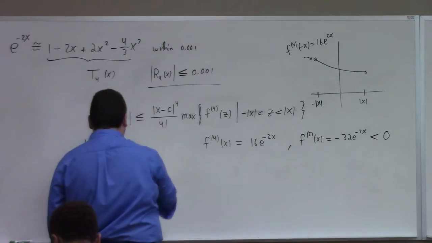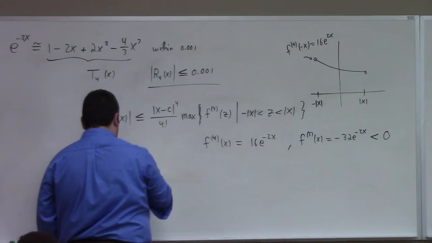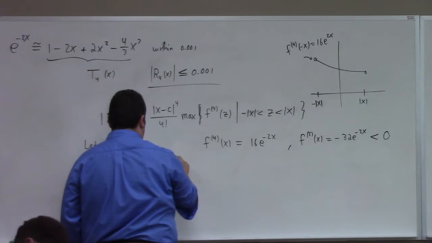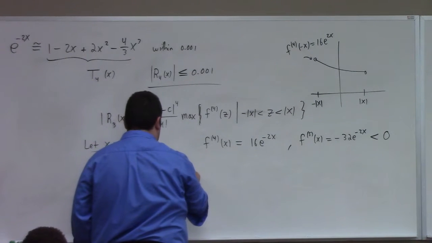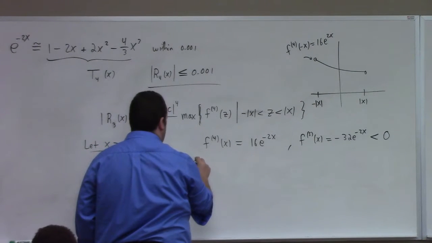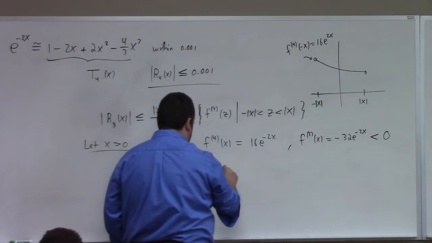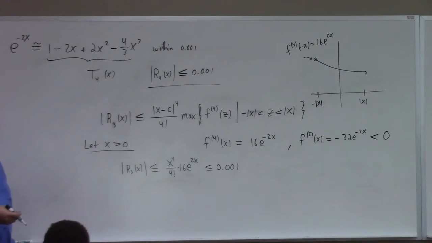And so what I have to do is make this thing less than or equal to x to the 4th over 4 factorial times 16 e to the 2x. And you want to make that less than or equal to 0.001. So figure out what x makes that happen.